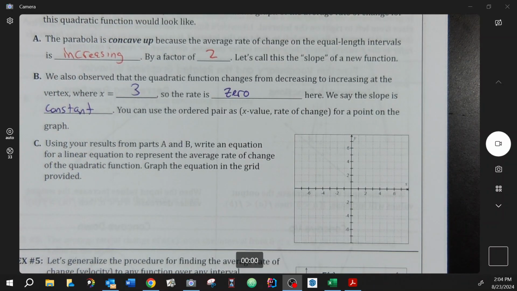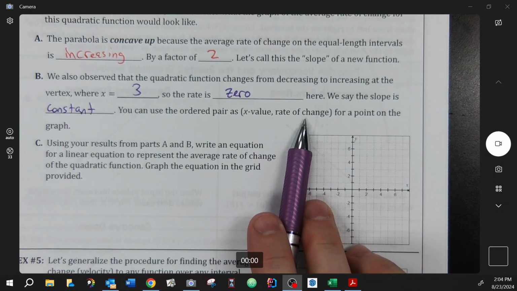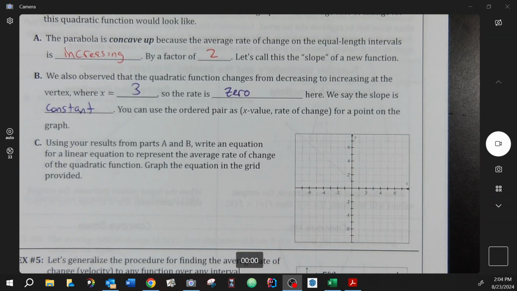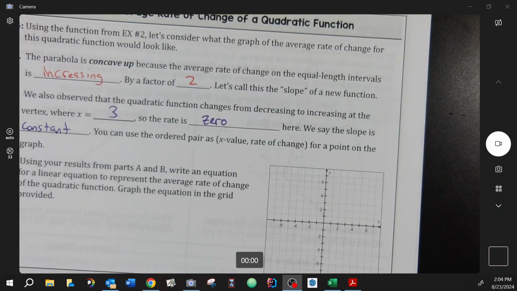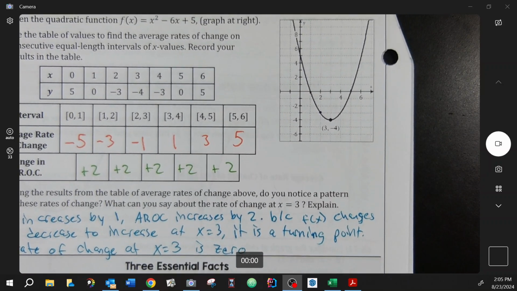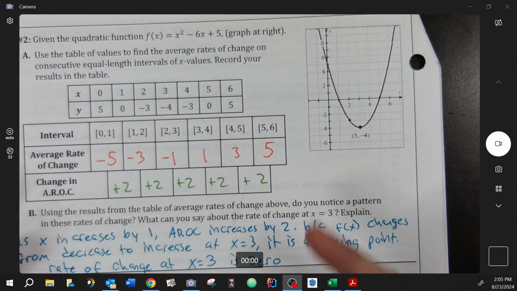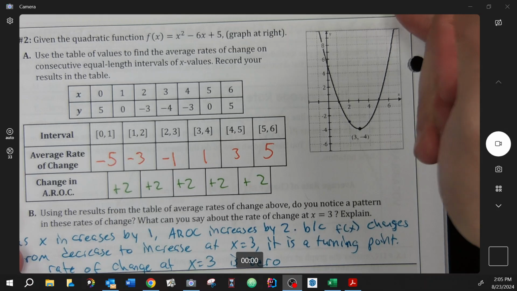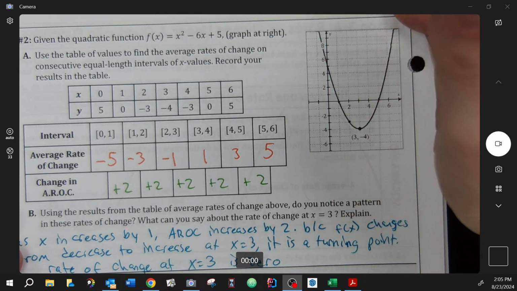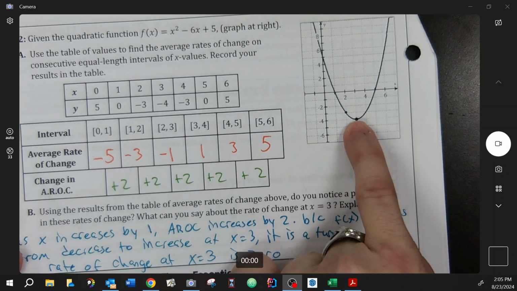We are going to use x, comma, rates of change. Isn't the slope at any given point constant? No. We're not saying that the slope is constant. The slopes of this function on this side are all negative, and on this side are all positive. That makes this slope 0.